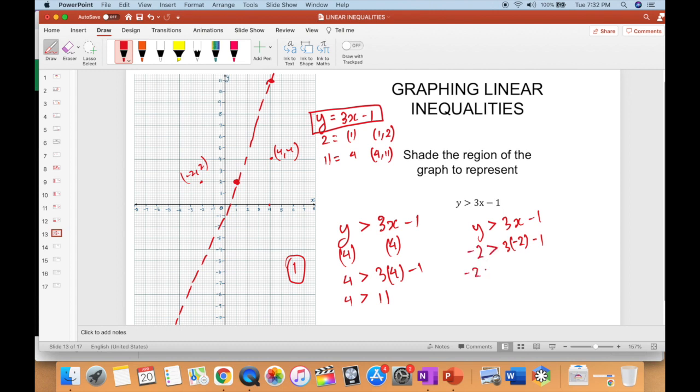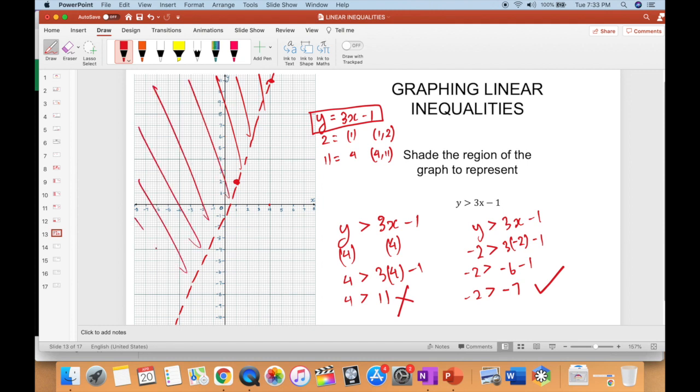So 2 is greater than 3 times negative 2, which is negative 6, minus 1. 2 is greater than negative 7. Is 2 greater than negative 7? Yes, so this is true and the other is not true. So that means I can be sure that region 1 is not it and region 2 is it. So I have to shade this side here.